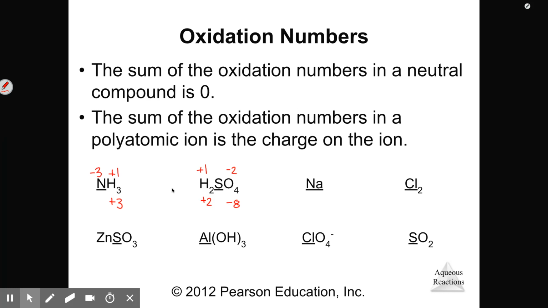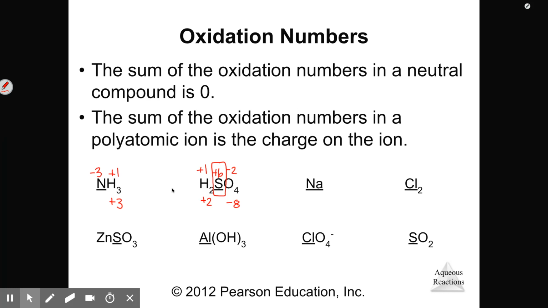So that means my sulfur has to be a +6 to balance it out. Now, I couldn't have known that without doing my hydrogen and oxygen first. So make sure you start with the things that are for sure, and then you can go from there.